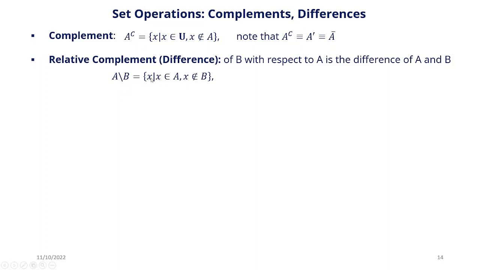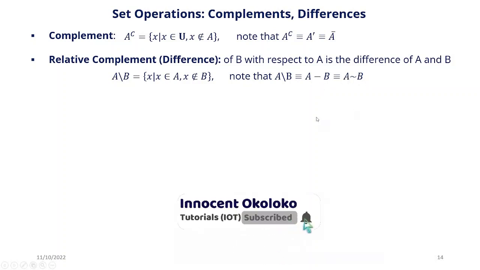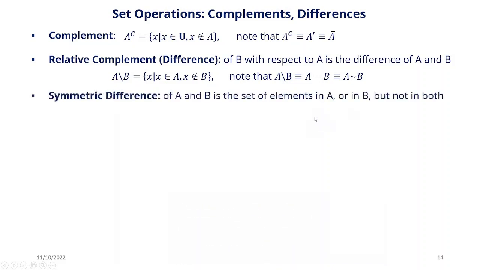It is the set of all x such that x is in A and x is not in B. So we remove every item that was in B from A, and that's what we get, the relative complement, which is also the difference. We'll see examples as we progress. Another way to write it is A complement B equal to A minus B, or A tilde B. All of them are the same in the books. There is also something called symmetric difference.